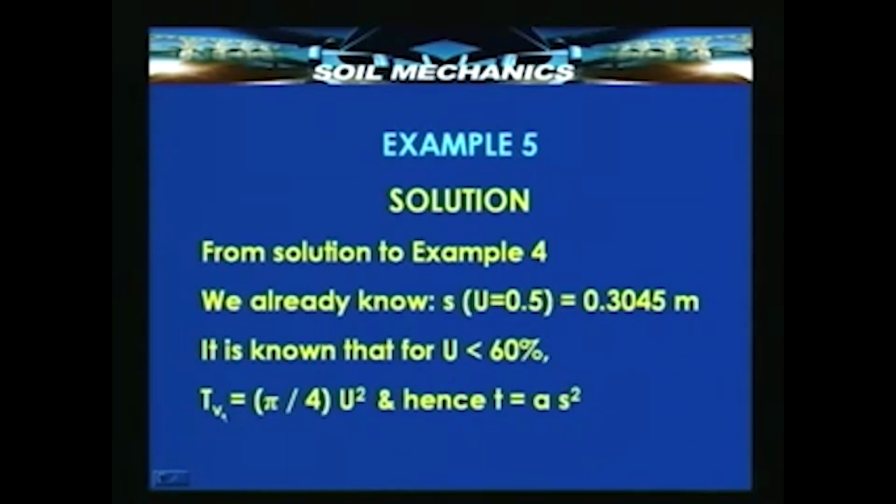So, Tv equal to pi by 4 U square can be taken to be similar or identical to t equal to A s square. All that remains to be seen is what is A. If we know A, then we know that this will strictly correspond to this expression.